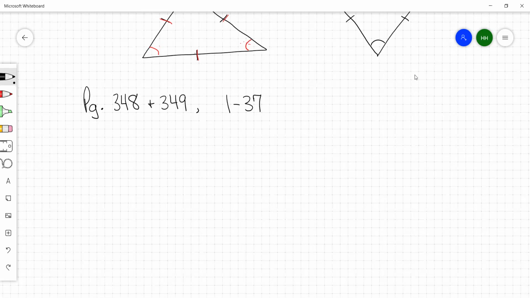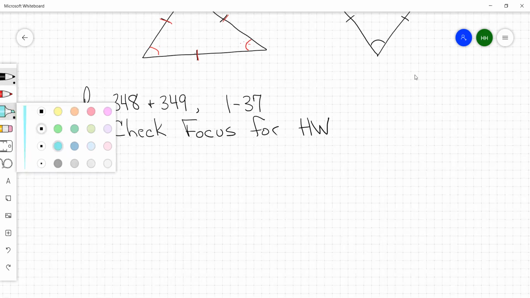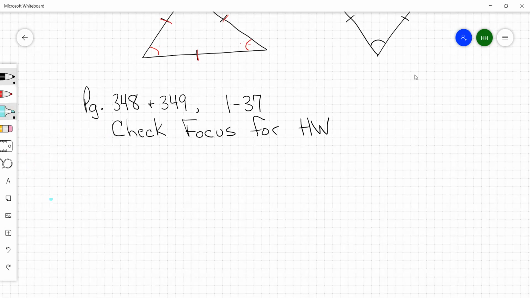And I'm going to remind you again to, what am I going to remind you to do? There you go. Check focus for homework. All right, short lesson today, but a lot of practice. Study guide tomorrow, quiz Friday.